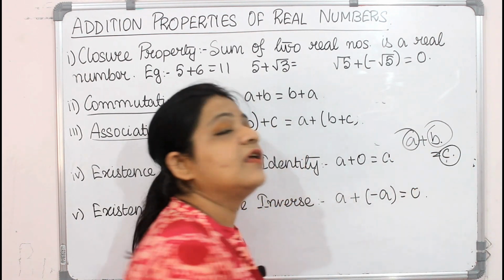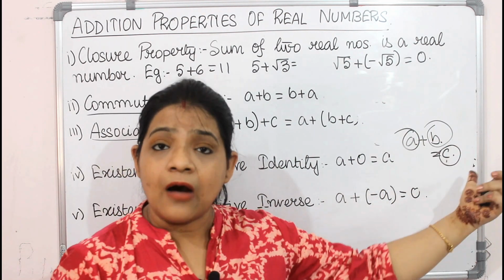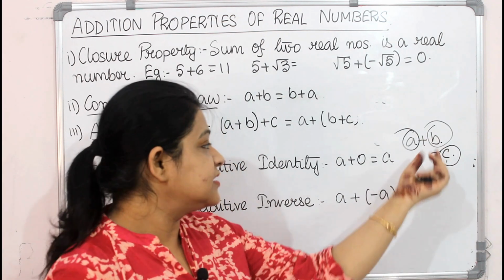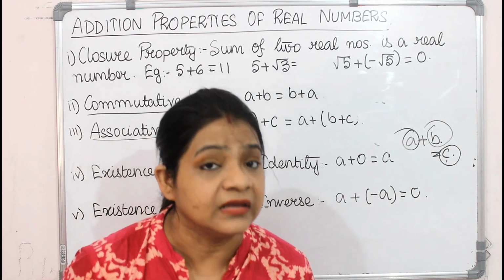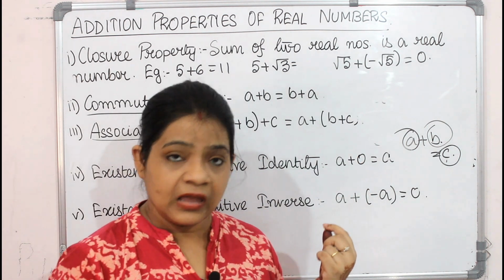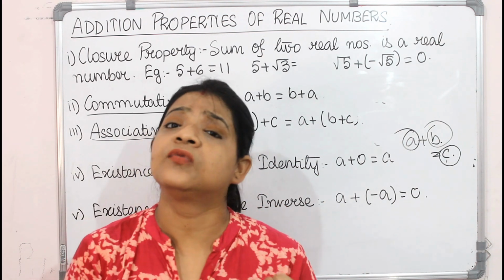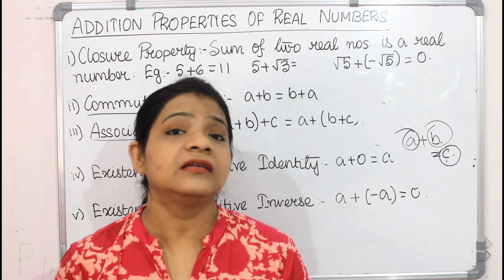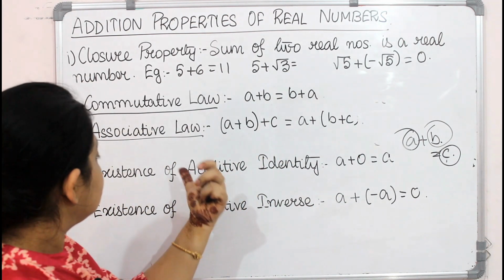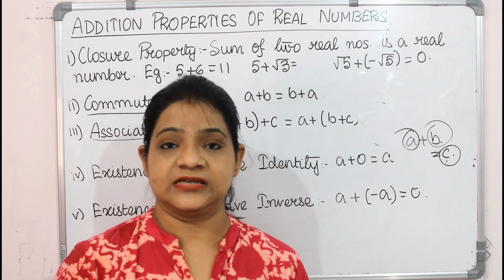It means what? a will not retain its identity, isn't it? It is changed to another number c. But when you add 0 with a, it will give you the same number itself. It means it will never lose its identity or its characteristics. So this is called existence of additive identity.